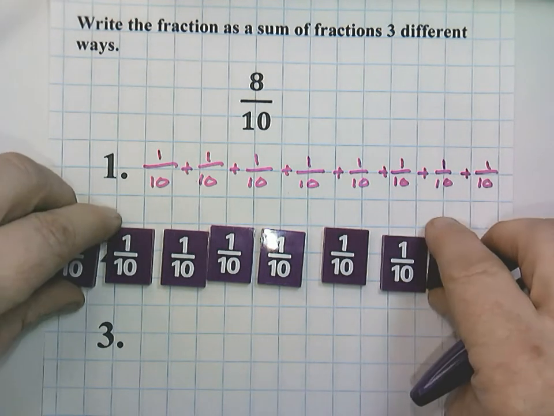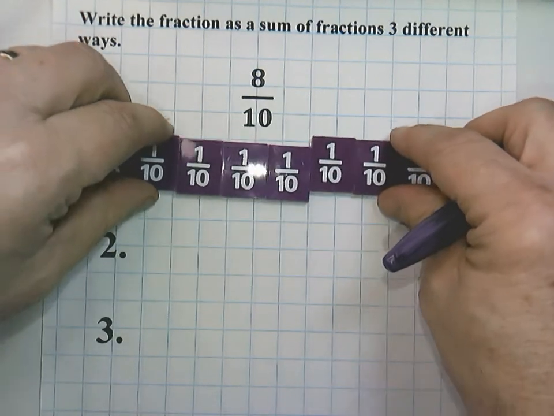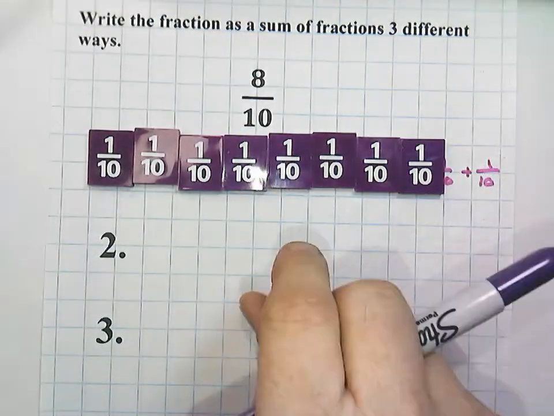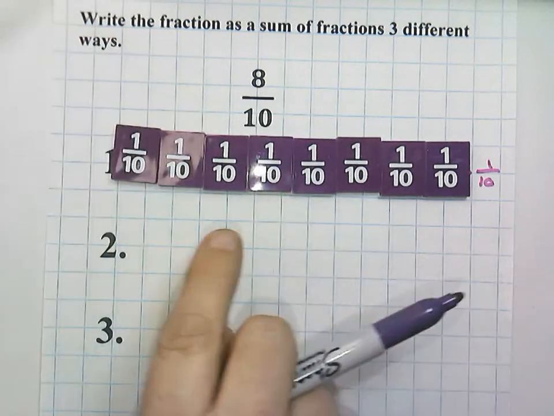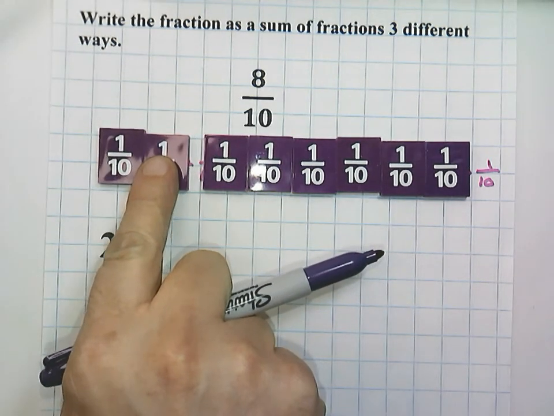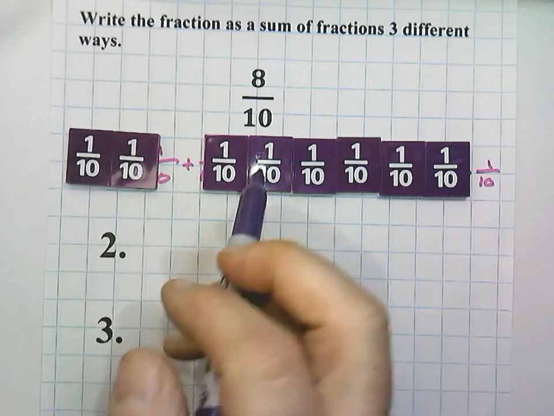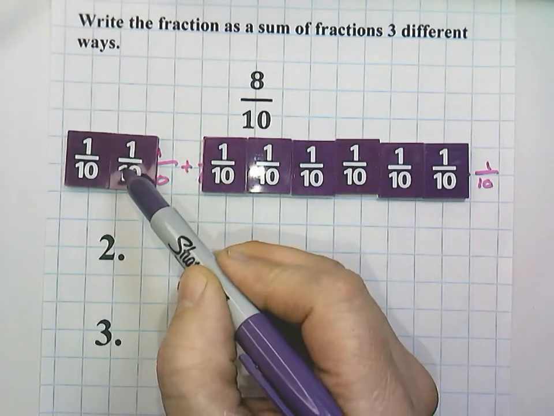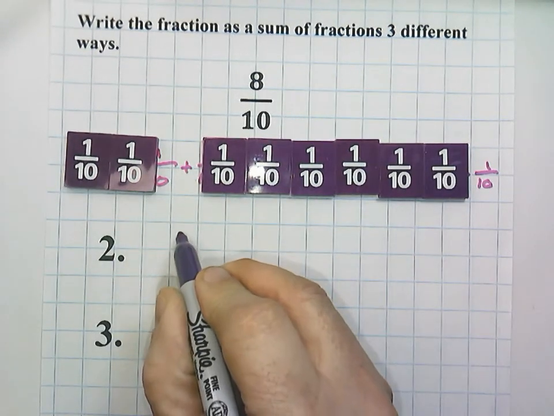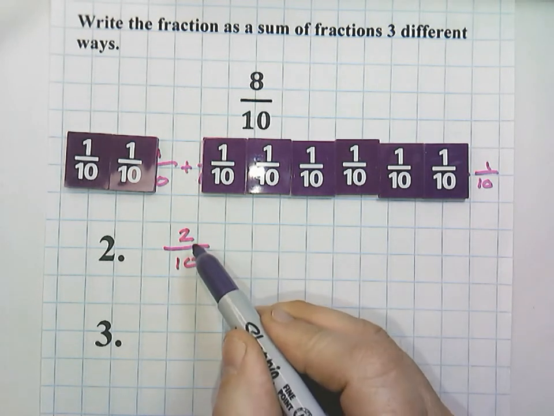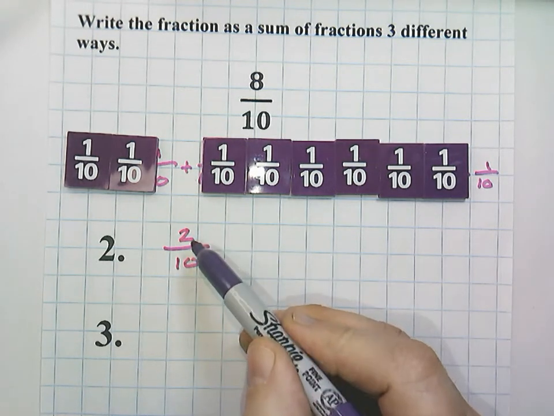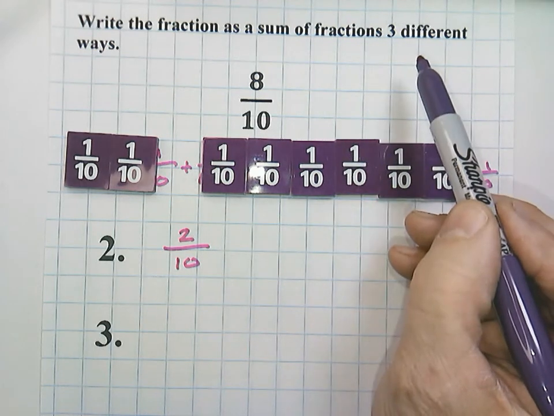A second way we could do that would be to take our 8/10, and really there's any number of ways we could split that. I could say we're going to move 2 of our unit fractions over here and say that 8/10 could also equal 2/10. Now, you say, well, that's not a unit fraction. You're right, it's not, but this is asking for it 3 different ways.